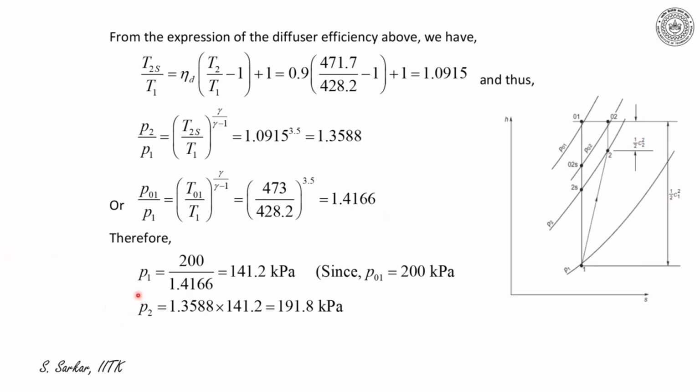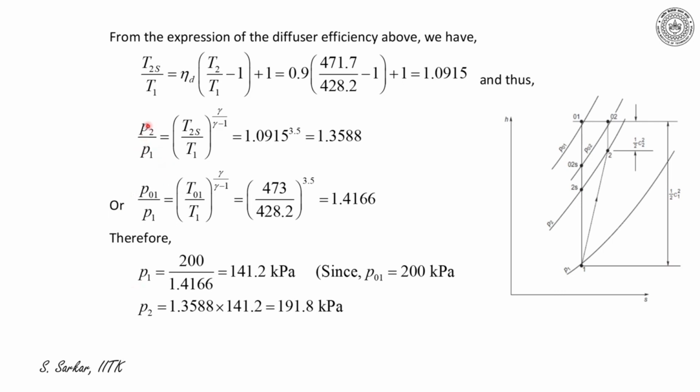Now P1 would be equal to P01 divided by 1.4166, that is equal to 200 divided by 1.4166. It will be equal to 141.2 kilopascals. The value of P01 is given as 200 kilopascals. So I have evaluated the value of static pressure at inlet, P1.